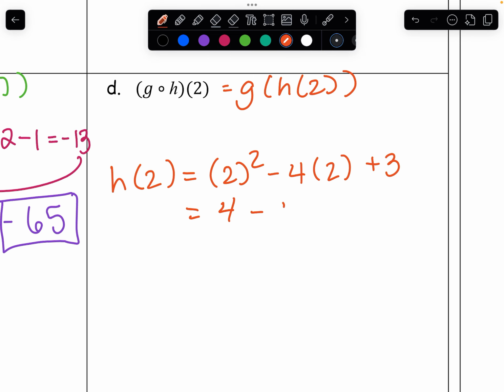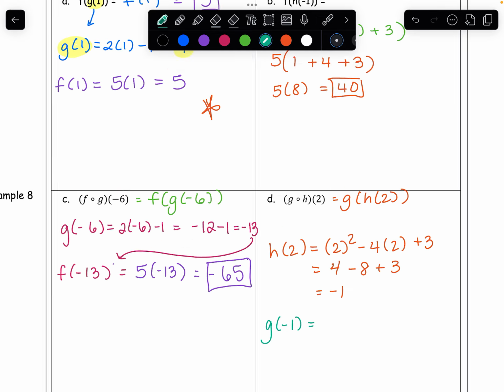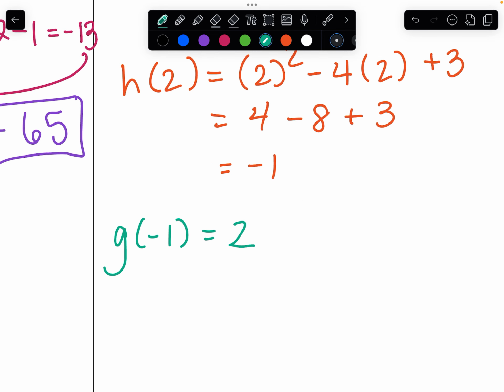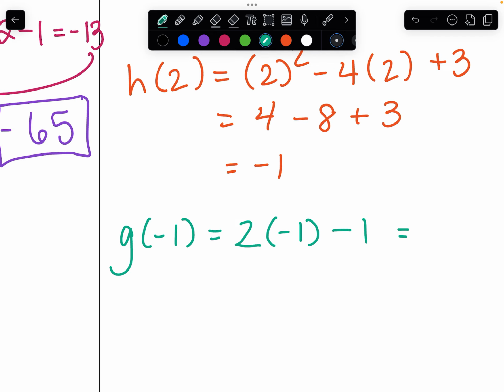So we get 4 minus 8 plus 3, which is negative 1. So what that means now is I'm finding g of negative 1. Our g function is 2x minus 1. So 2x, which is now negative 1 minus 1, is negative 2 minus 1, which is negative 3.